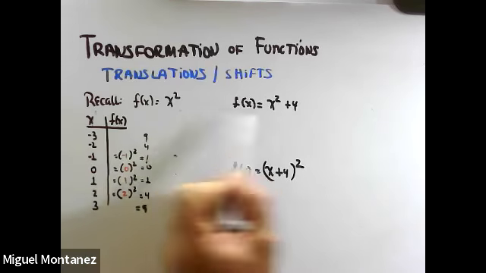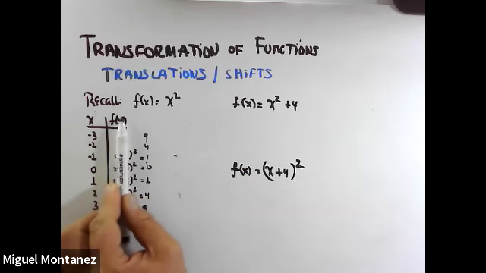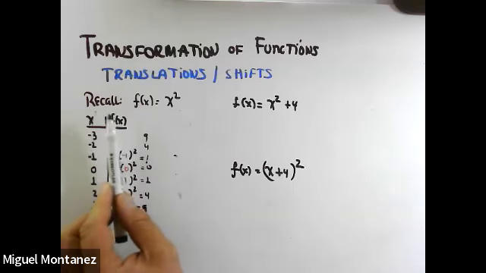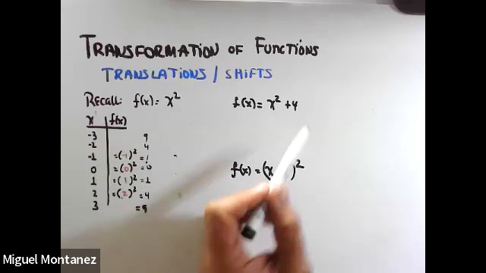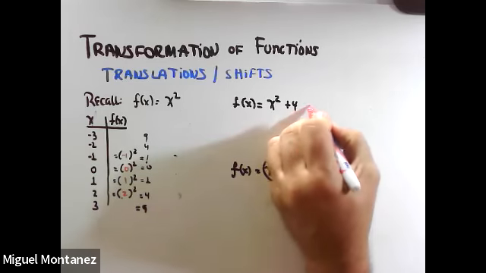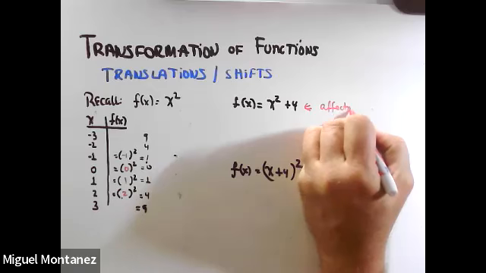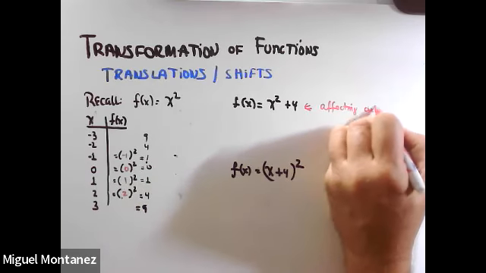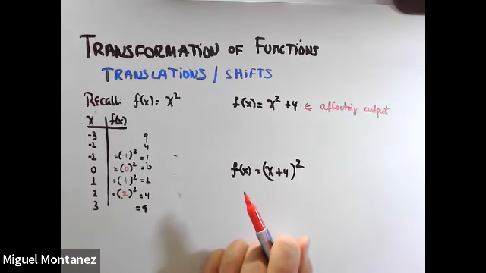In the first case, first I need to square, because that's what the function does, it squares things. So after we square, then we add 4. That means that this 4 is affecting the output. We are adding 4 after we square.